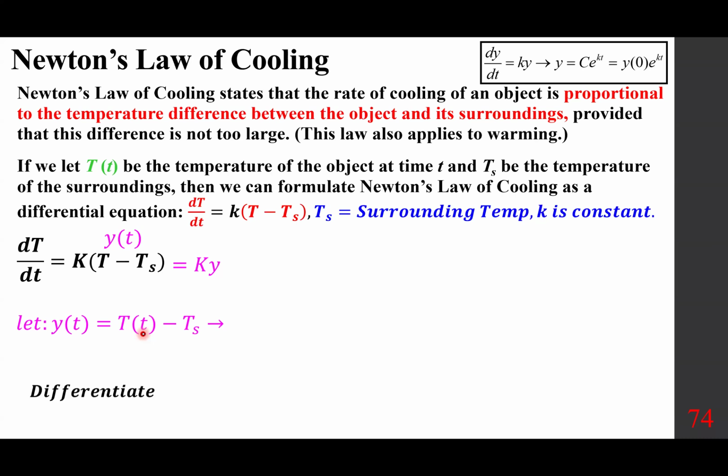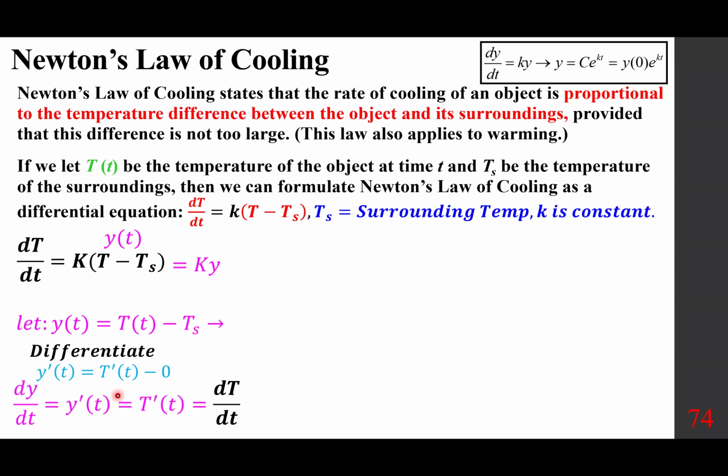Let's differentiate. If I differentiate this, y prime equals T prime minus the derivative of T sub s, which is a number, everybody. It's a constant, the surrounding temperature. The answer is 0. So y prime, or dy/dt, is T prime, or dT/dt.